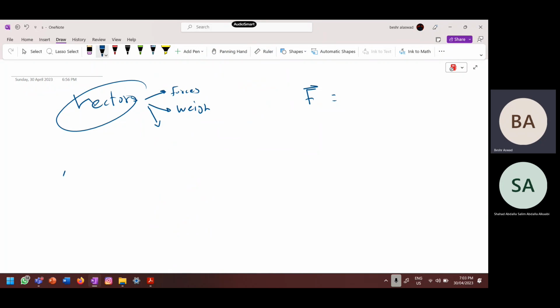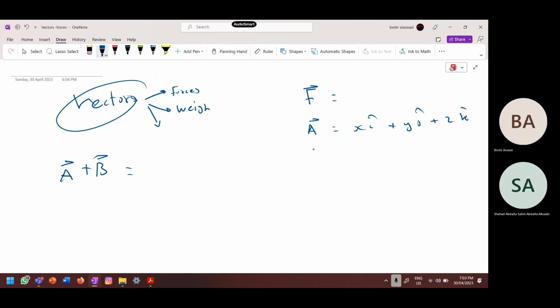Let's say you have a vector A plus vector B. Since A and B are both vectors, A will have, let's say, X i hat plus Y j hat plus Z k hat. As for B, you'll have U i hat plus V j hat plus W k hat.